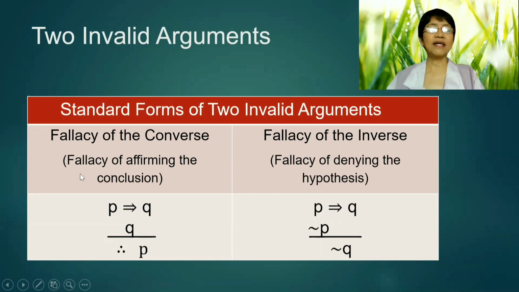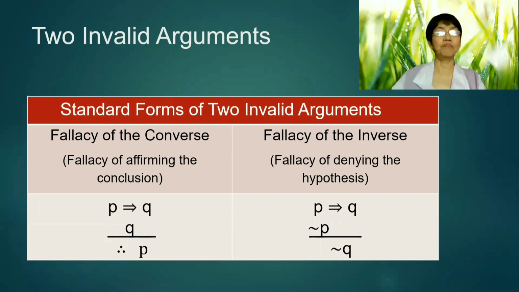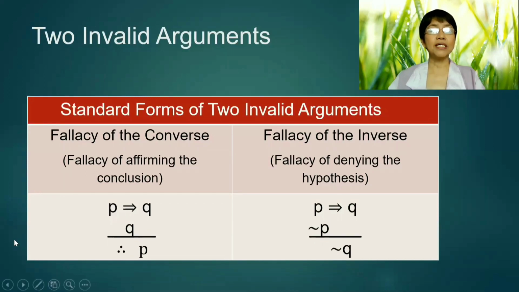The fallacy of the converse is the fallacy of affirming the conclusion: if the conclusion is affirmed, then the hypothesis is also affirmed. And the fallacy of the inverse is denying the hypothesis. So once you deny the hypothesis, you also deny the conclusion.